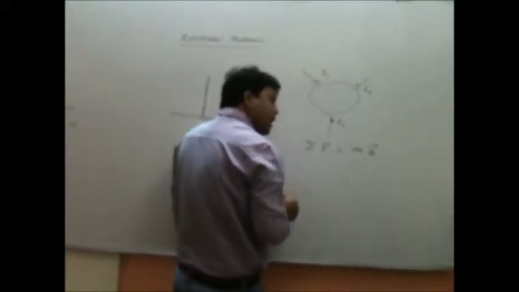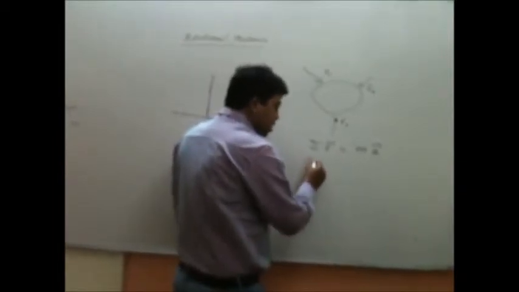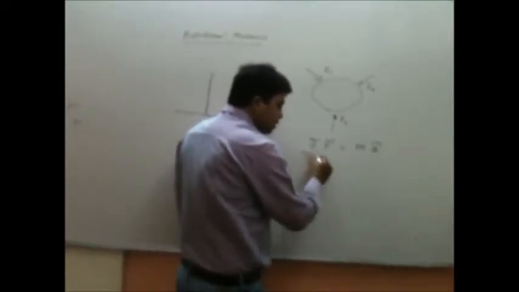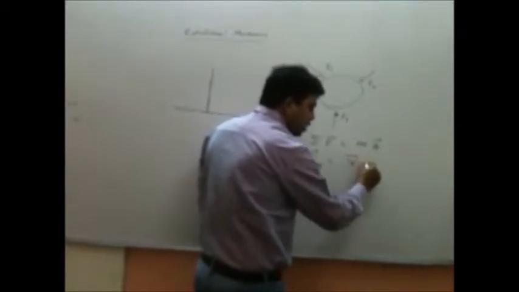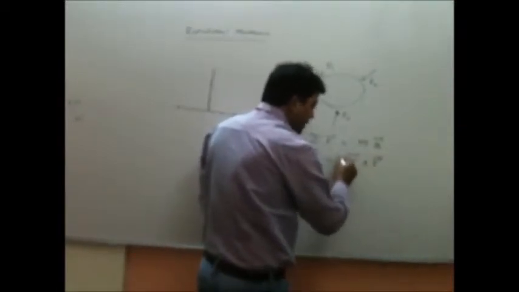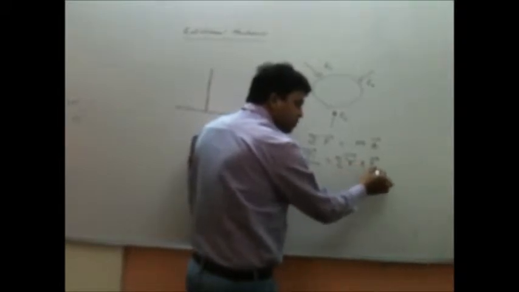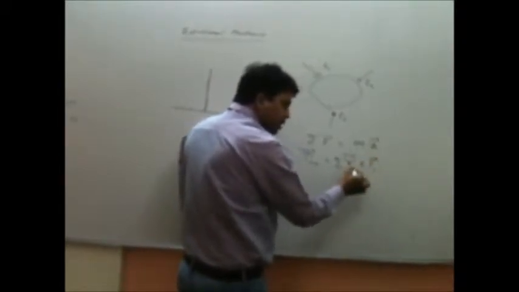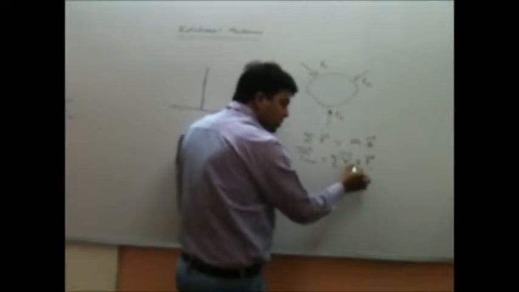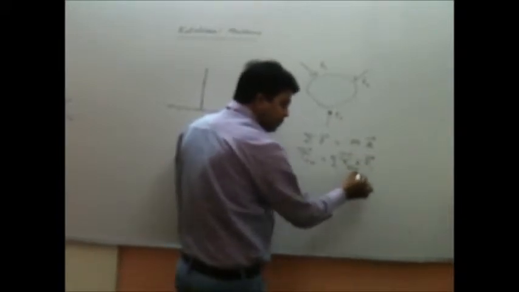And we can say the sum of the torque about the center of mass, that is r cross F, where F is the force on the ith particle and r is the position of the ith particle with respect to the center of mass.